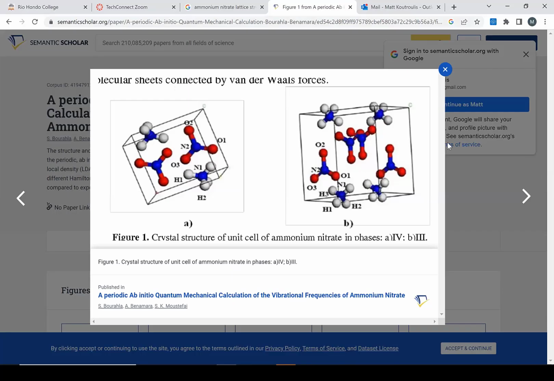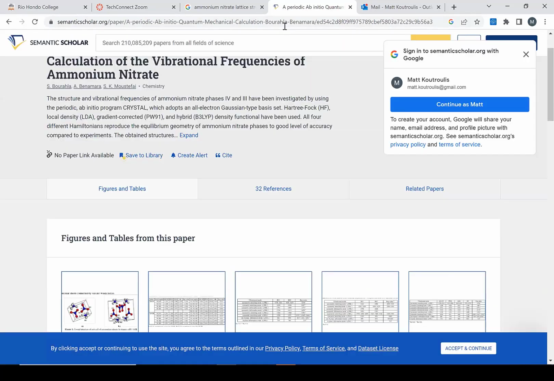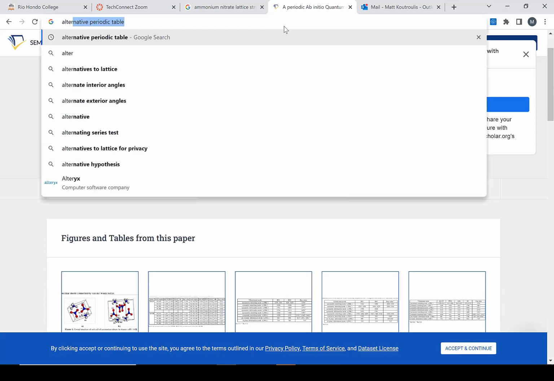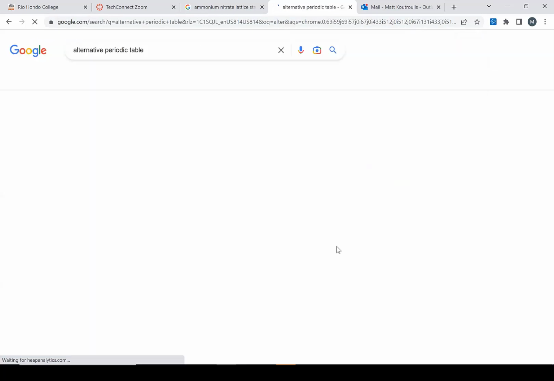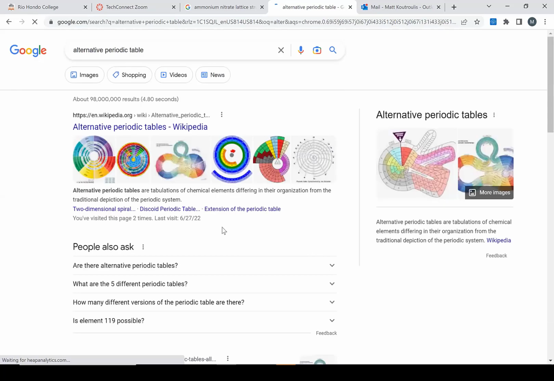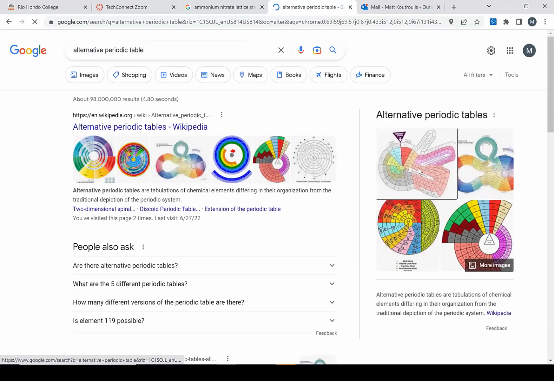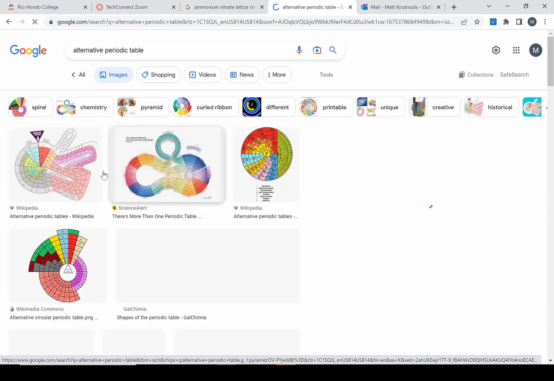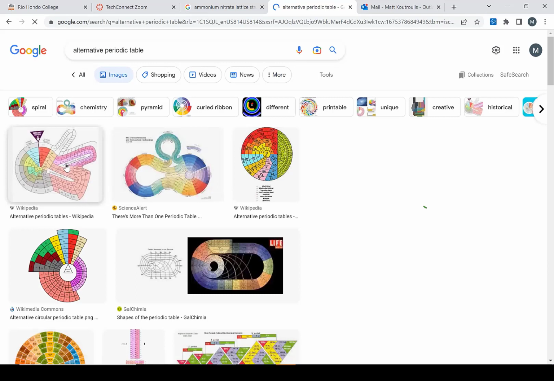Some people have to be discontents and don't like the periodic table, so we also have all kinds of other periodic tables out there. Like, for example, this one. Are there alternative periodic tables? Yes, there's lots of them. So this is a cool periodic table here.